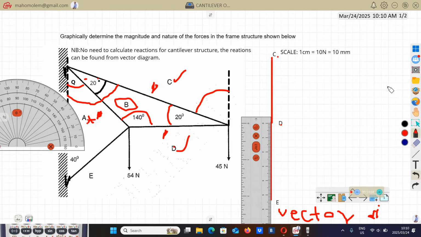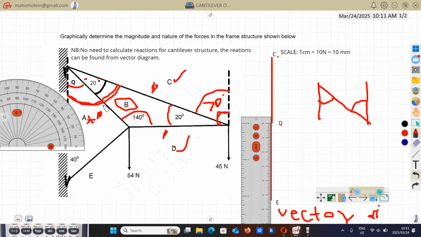Alternate angles are equal. Then to find this angle here, remember this angle is 90 degrees. Therefore, this angle will be 90 minus 20, which gives you 70 degrees. So this angle here as well equals 70 degrees.